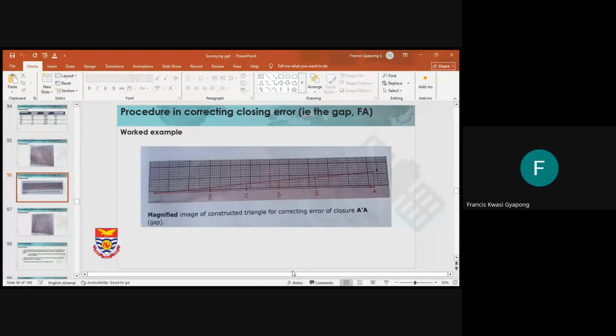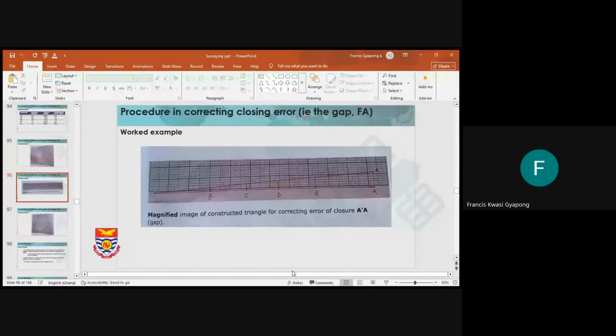So for line AB, you stand at B. You put your ruler, letting the starting point be at the center of your cardinal point. All right. Then down, you measure 0.2.